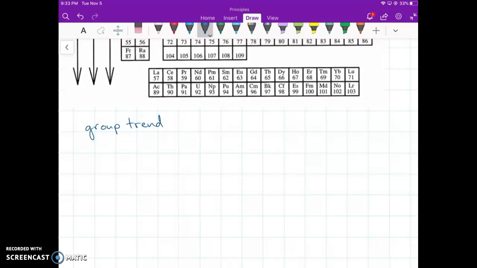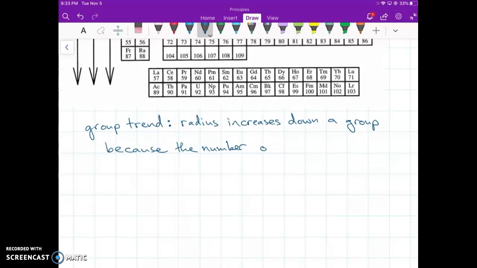The group trend for atomic size, or radius, is that radius increases down a group because the number of energy levels increases. Okay, that one is fairly obvious.